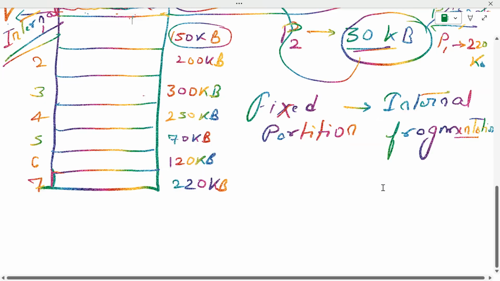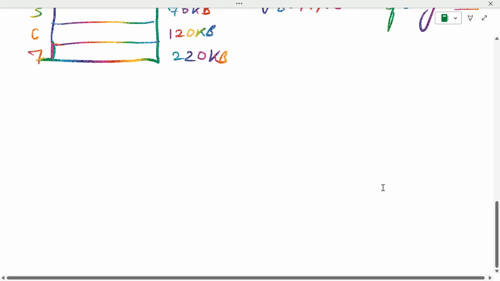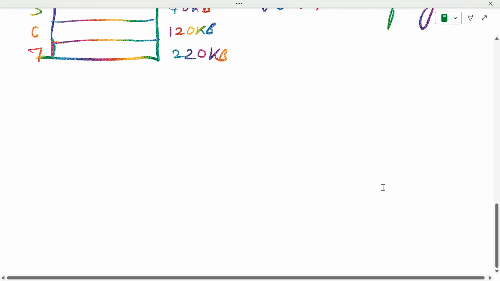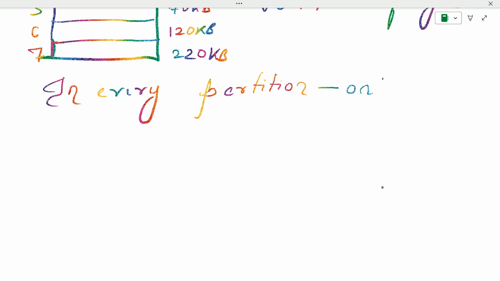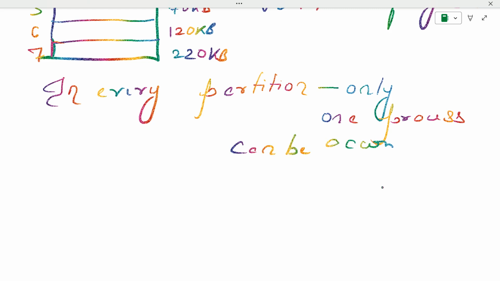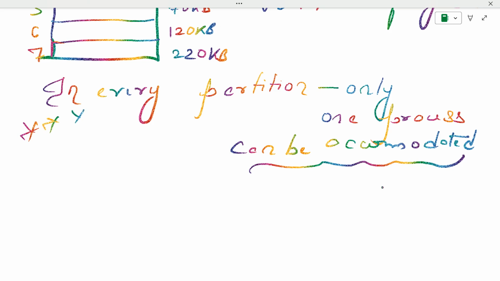Now since we are clear with the benefits, disadvantages and advantages, in every partition only one process can be accommodated.